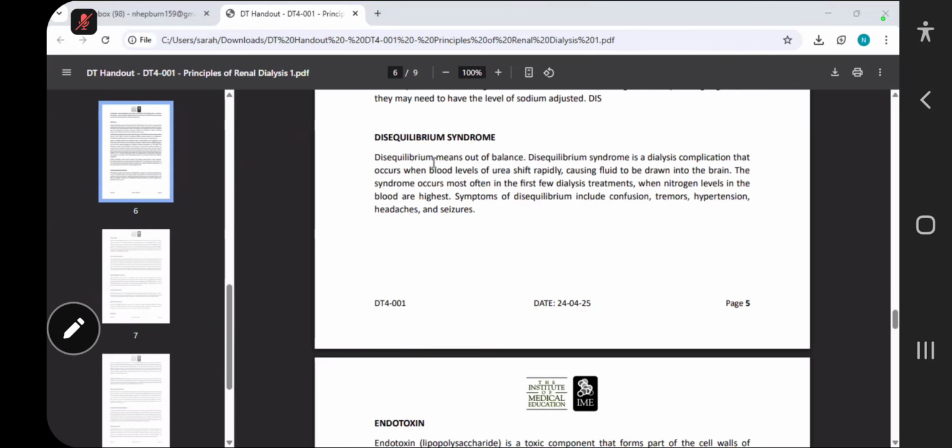So let me try to explain this as easy as possible. What happens is when you are dialyzing, right? Remember, you're pulling blood from the lower part of your body, because it's from your hand or your neck, right? And when this fluid moves too fast, so you're pulling the fluid from the patients too fast.